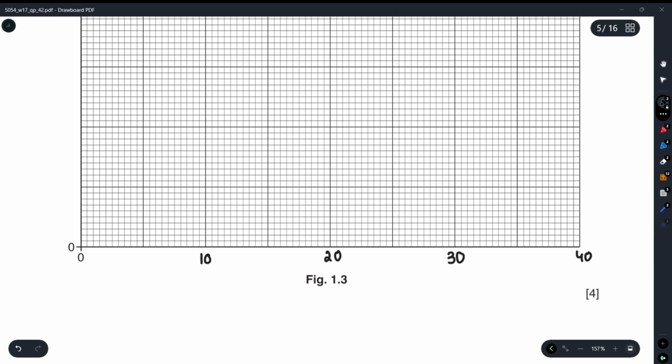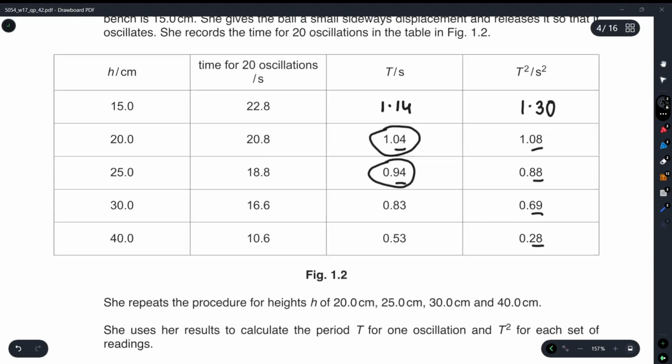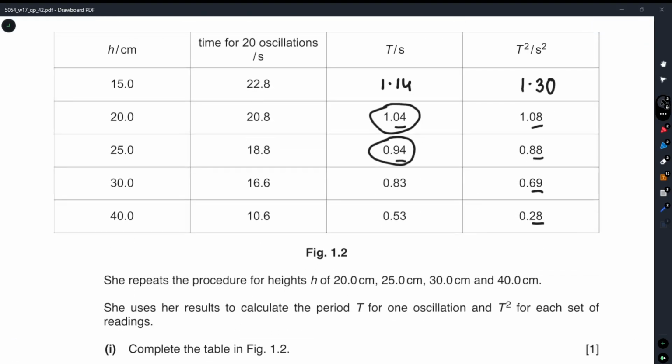Yep. So 15 is gonna be here, 25 is gonna be here, and for 30 and 40 जो है वो आपके x-axis पे. ठीक है, so 15 20 25 30 and 40.